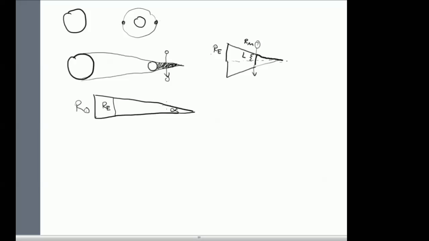You can actually measure this by holding up a coin. So if you use a coin and you figure out the distance at which you have to hold it so that it will cover up the sun, then you can measure this angle alpha. So let's call this distance over here R coin, and this one D coin. Then you just have the tangent of alpha is equal to R coin over D coin.